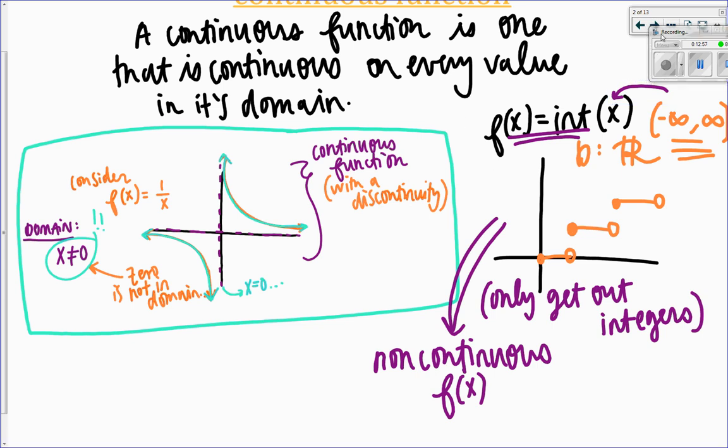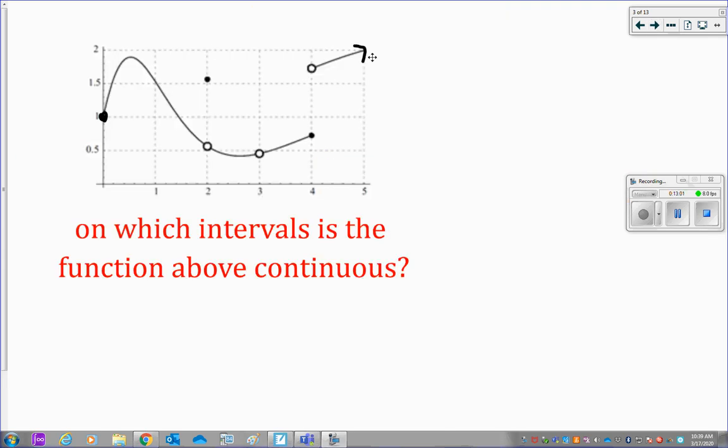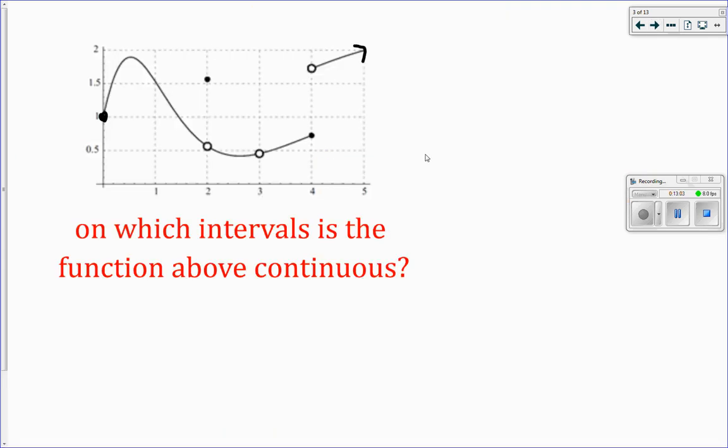I'm going to have you do one really quick example, and then that's it for today. Here's my image. The question is, on what intervals is the function above continuous? Because they ask us for intervals, get your answer in interval notation. Pause the video right now, consider this problem, and then unpause to find the answer.